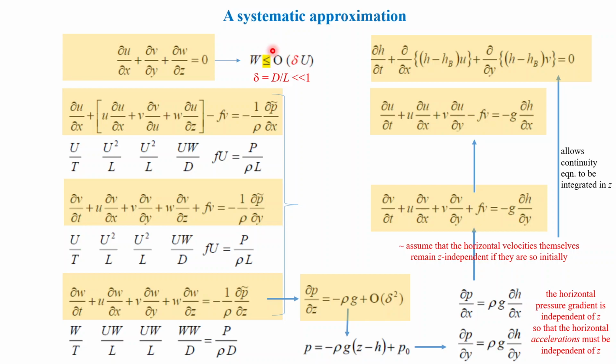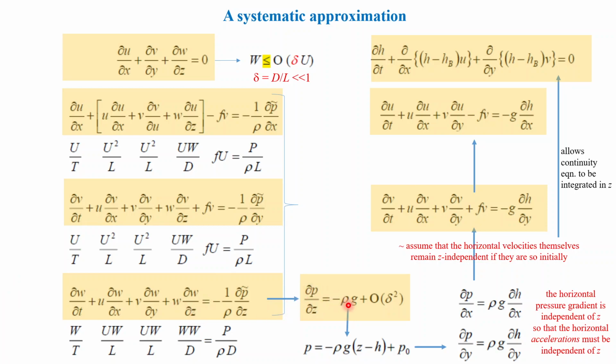This has a very important implication, because from this scale argument, you can show from the vertical momentum equation that it is actually in hydrostatic balance. So you don't need to worry about the vertical momentum equation at all. Just the hydrostatic relation replaces the vertical momentum equation.